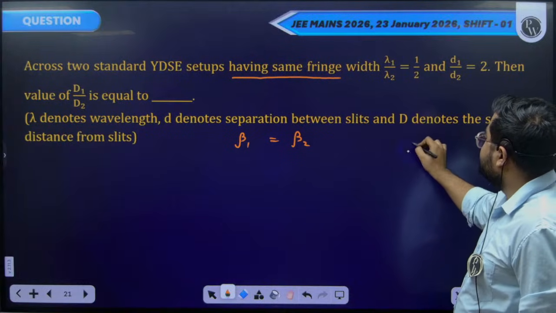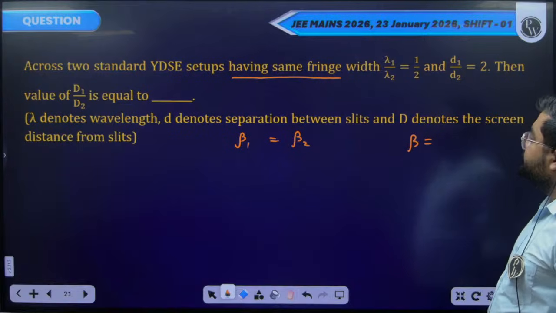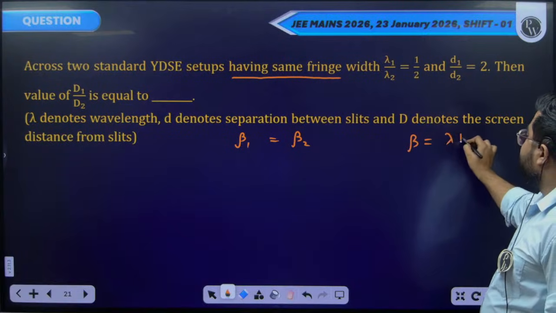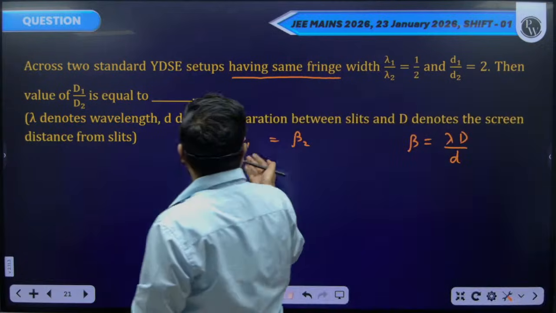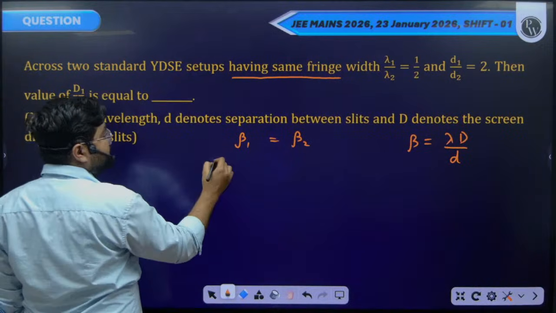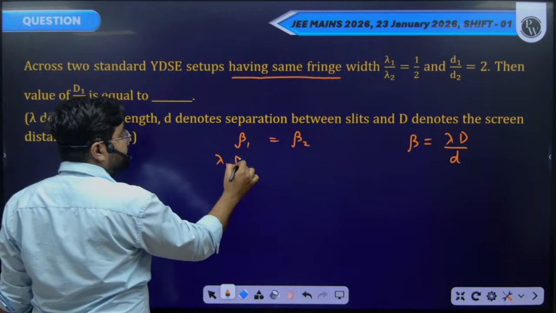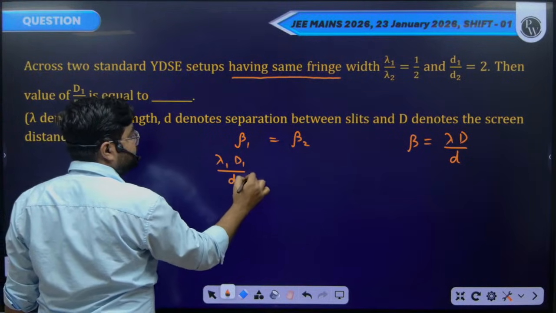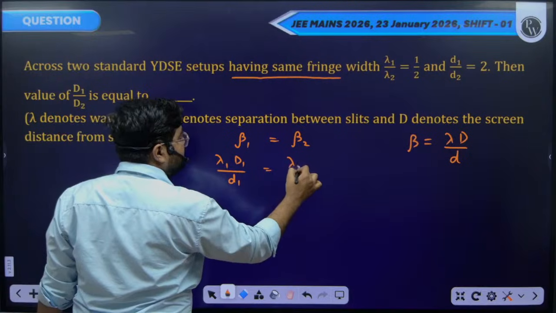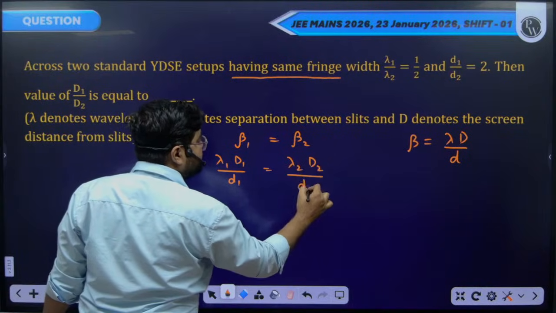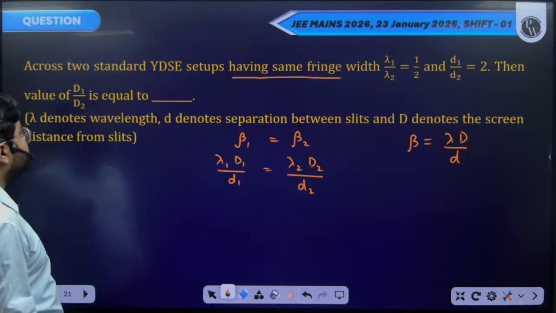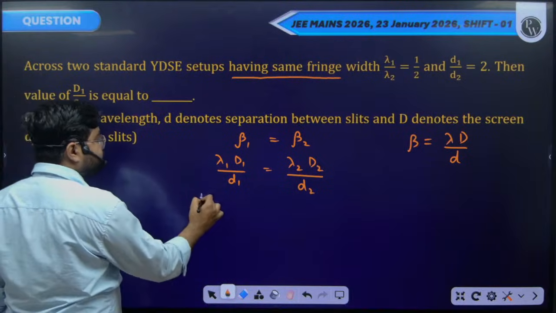You know this fringe width formula is simply lambda capital D by small d. Now beta 1 equals beta 2. Beta 1 is lambda 1 D1 by small d1, and beta 2 is lambda 2 capital D2 by small d2. We need the ratio D1 by D2.